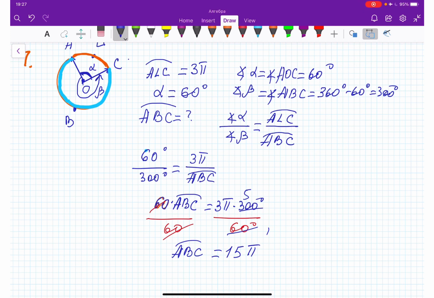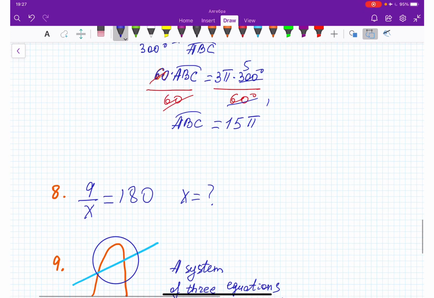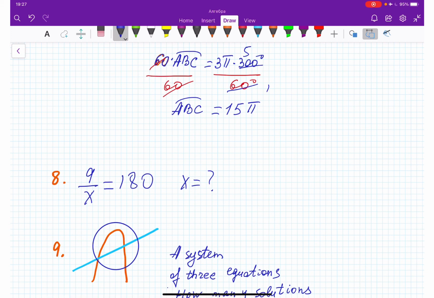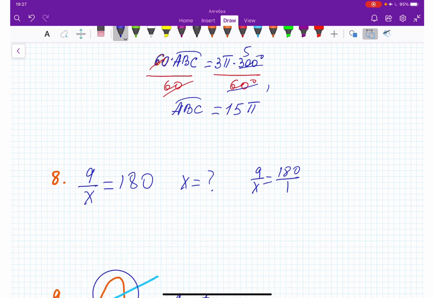All right? Question number 8. This is also to find x. I'm representing it as two fractions, right? Like this, 9 over x is equal to 180 over 1. Which means I am doing cross multiplication. It's going to be 9 times 1 is equal to 180 times x.